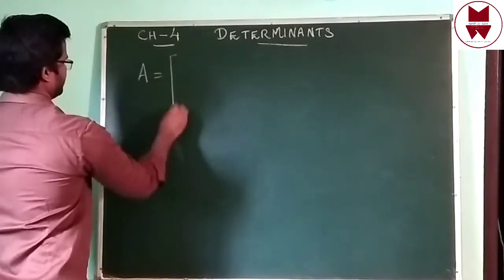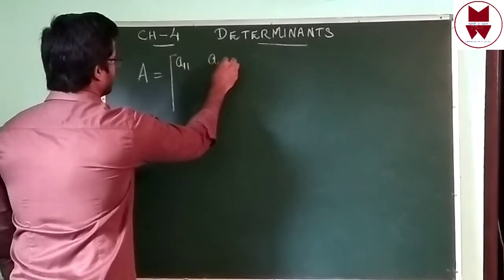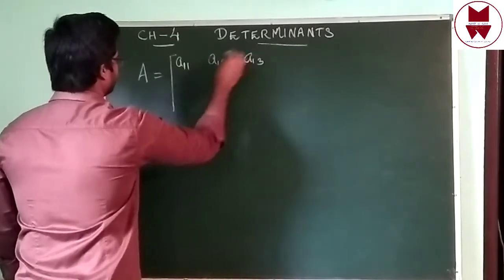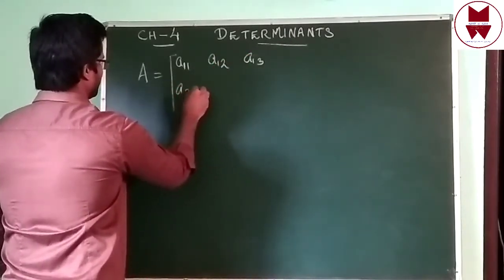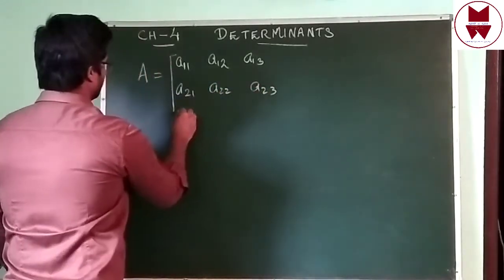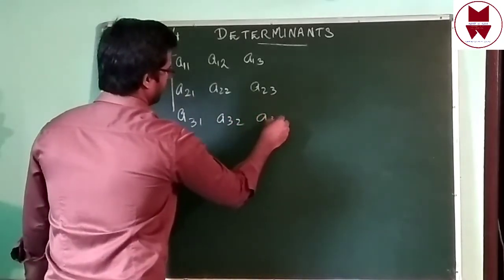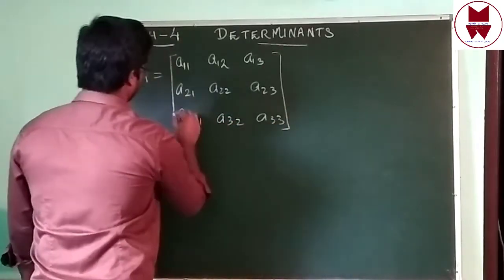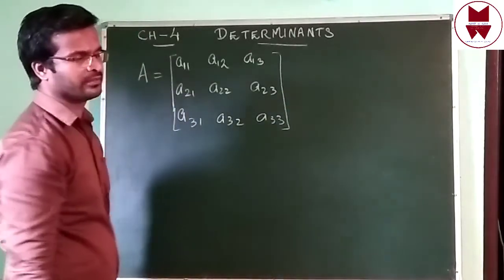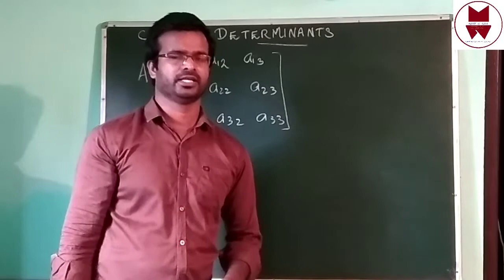In general form we can write A11, A12, A13, A21, A22, A23, A31, A32, A33. This is a square matrix of order 3. From here we want to find the determinant.